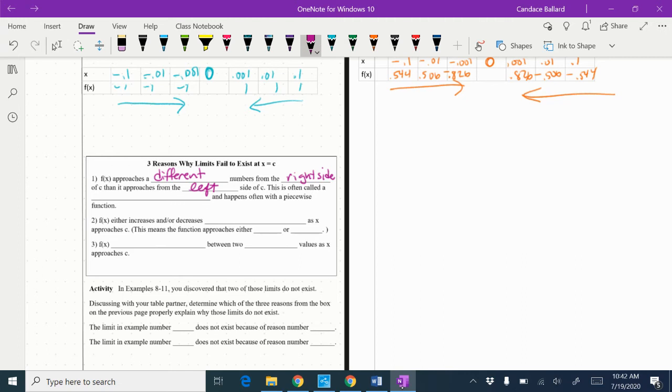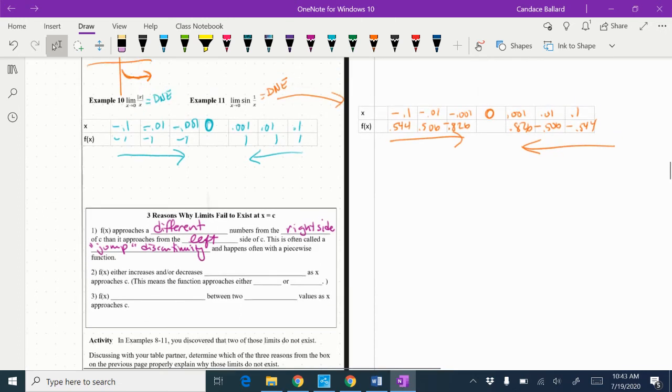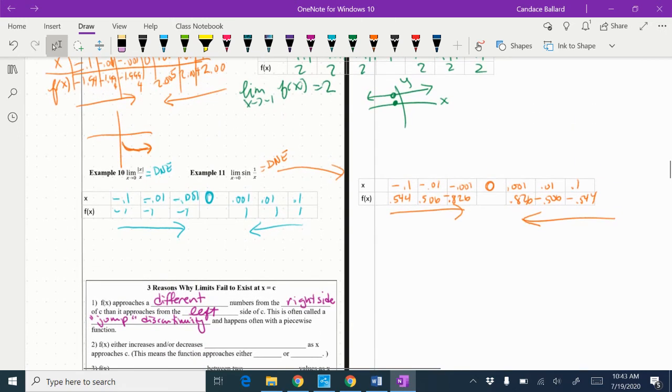This is often called a jump discontinuity because it makes a jump, and we didn't draw our graphs, did we? We saw that going on because I didn't draw the pictures.